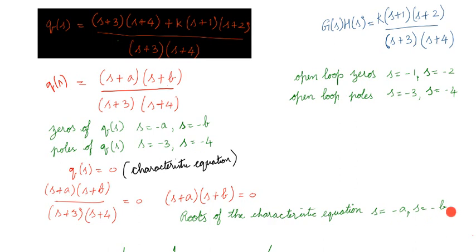So the roots of the characteristic equation are the zeros of Q(s). This is the second point I want to stress here, right? First point: the open loop poles of GH are equal to the poles of Q(s). Second point: the roots of the characteristic equation are equal to the zeros of Q(s). Okay, fine.